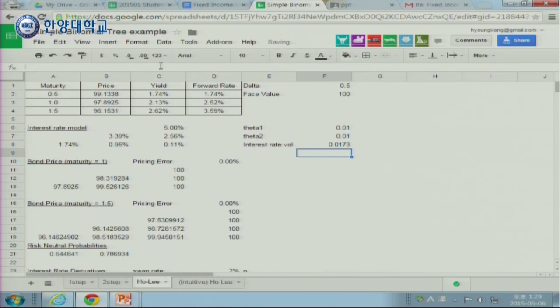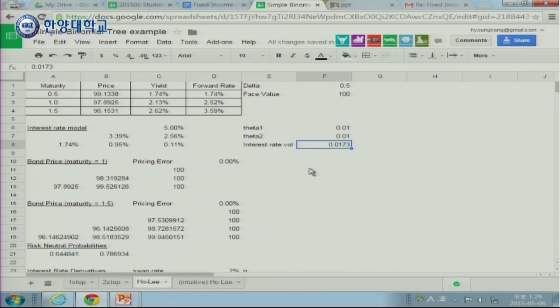So this is something you have to estimate, but it is not that difficult. You can collect interest rates for the past several years, calculate the standard deviation and just annualize it. If you use weekly data for interest rate, then you can calculate the standard deviation of the interest rate process and multiply by root of 52, something like that.